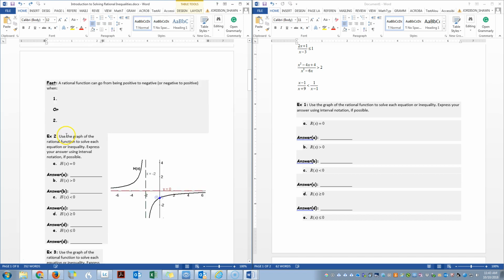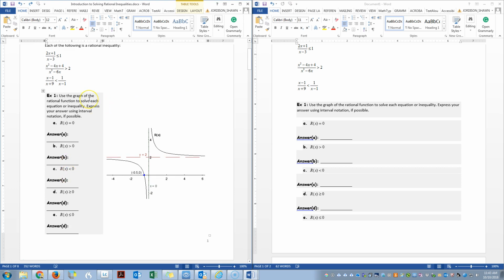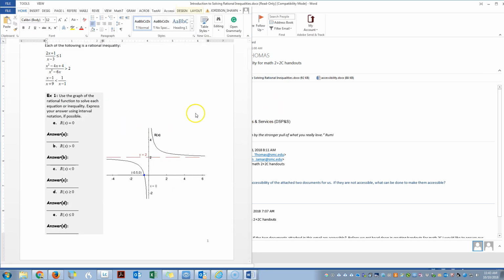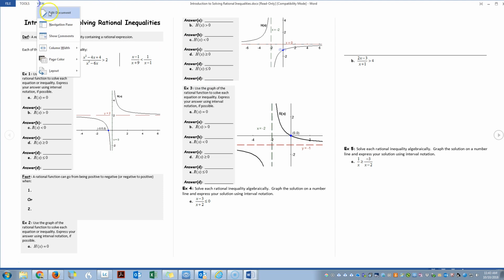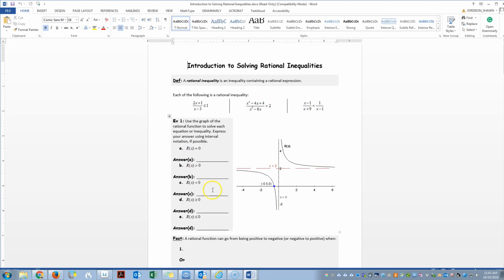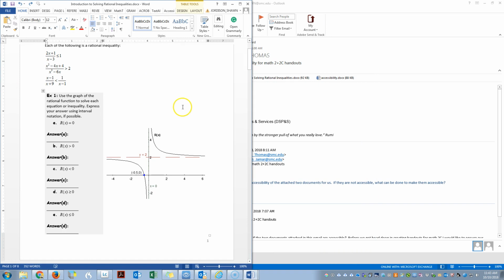I'm wondering if it had to do with the conversion that I did with the MathType. So really quick, I'm going to open up the original document again, just to see if I actually lost some formatting. No, okay. It's just stacked oddly. For some reason A is up there, and then answer A. Anyways, we have our document there.